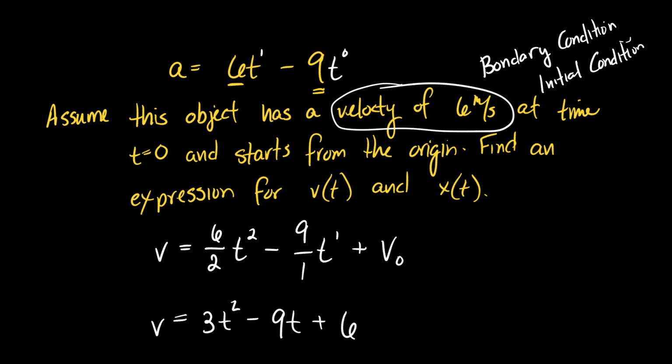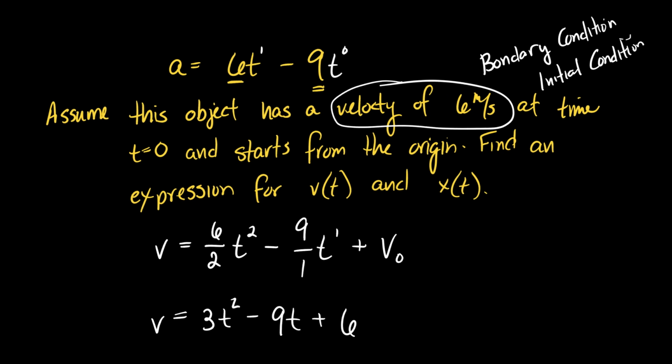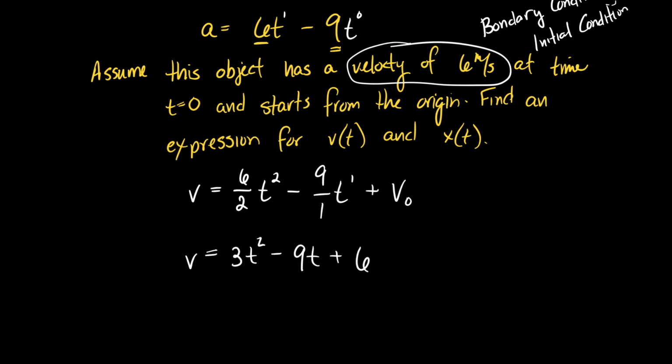Now, that just gave us velocity. I would like to go further and find position. Now, I do believe that this is something that we can do most of in our head. I don't think I need to write everything out. So I'm going to try and do more of this in my head. T squared becomes t to the 2 plus 1, or 3.